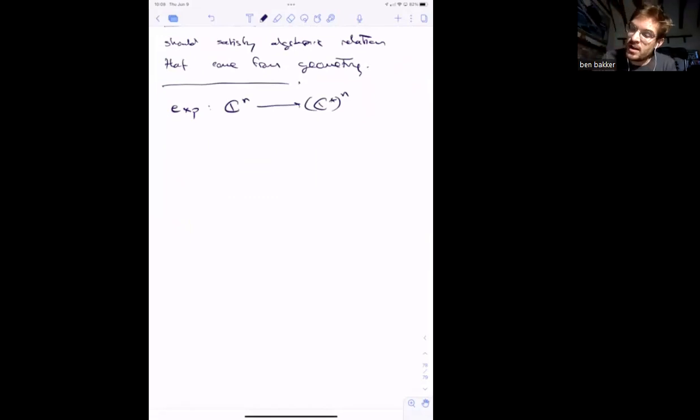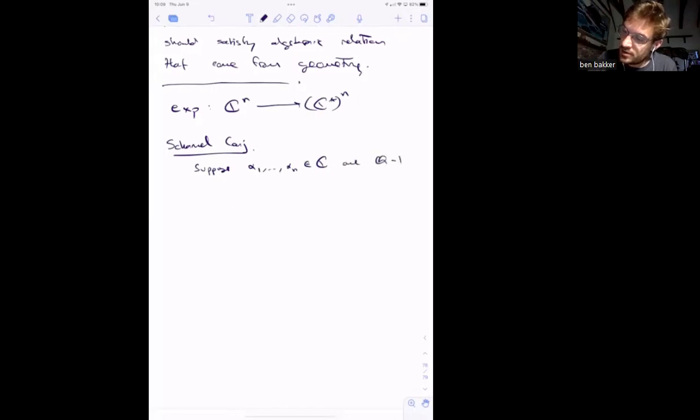Okay, so now there's an old conjecture called the Schanuel conjecture, which is about the transcendence of actual numbers. And it says the following. Suppose alpha 1 through alpha n inside of C are Q-linearly independent.